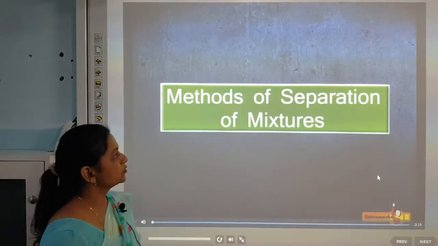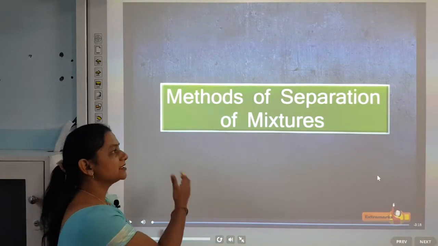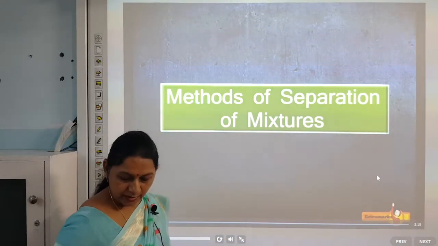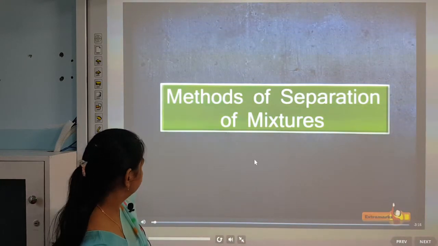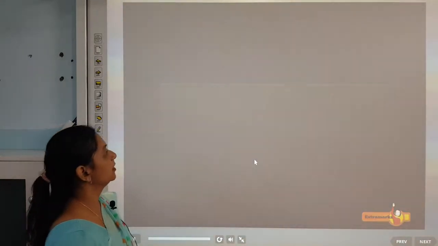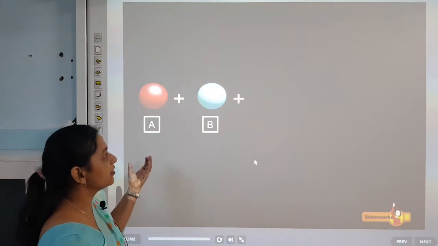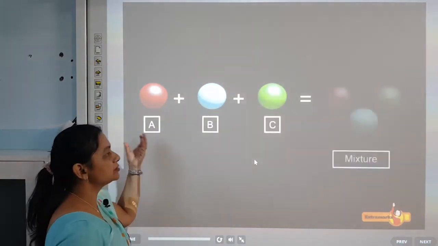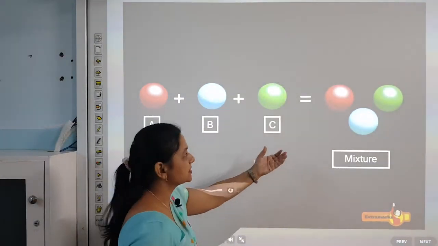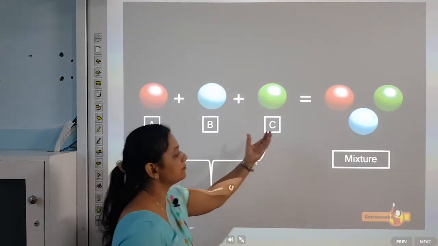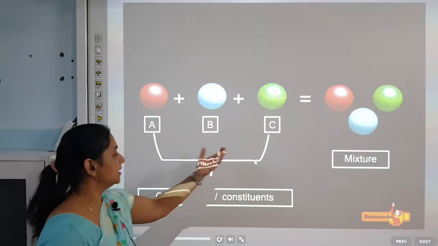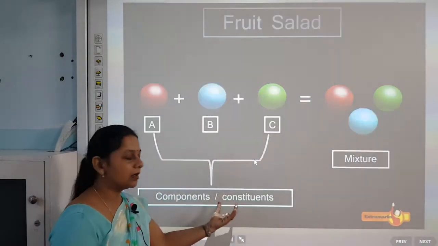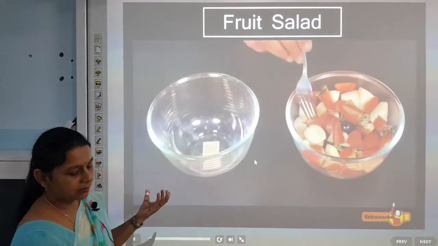Now, students, we are going to discuss methods of separation of mixtures. A mixture is formed when we combine two or more pure substances. Like if A, B and C combine, they form a mixture, and these A, B and C are called the components or constituents of the mixture.